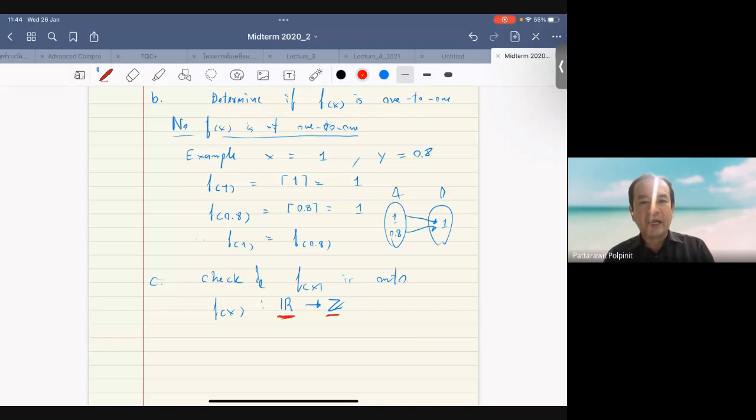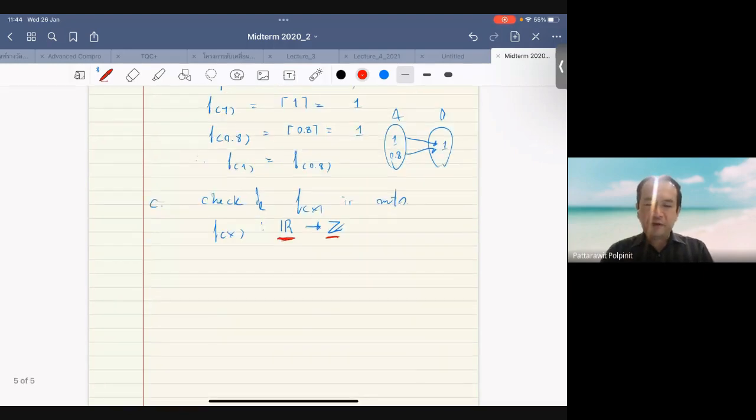This is important: we need to check what the input and output can be. The input is any real number and the output is an integer. So let's try first to check whether f of x is not onto.